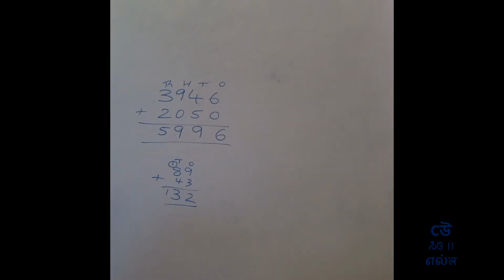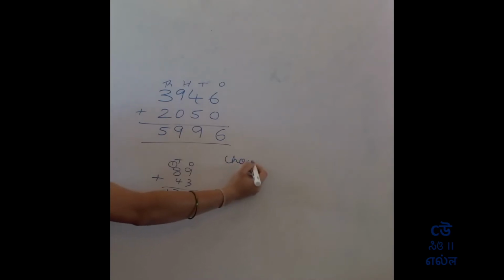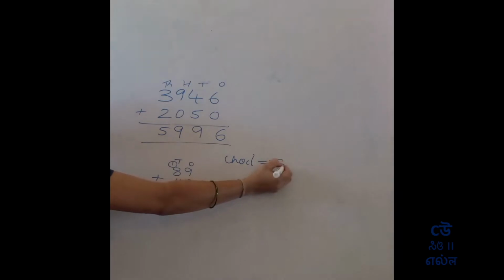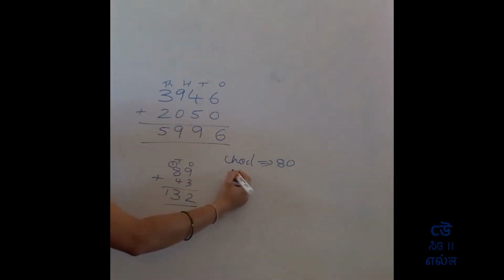So you have to think, with the given limited amount, what can I buy with that amount? So it is a sum of prices. For example, if you want to buy a chocolate in a fair, it will cost around 80, okay.